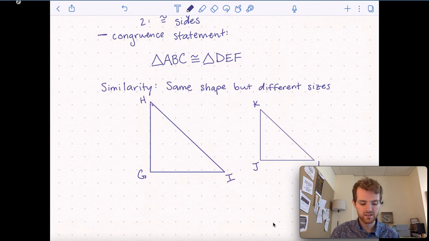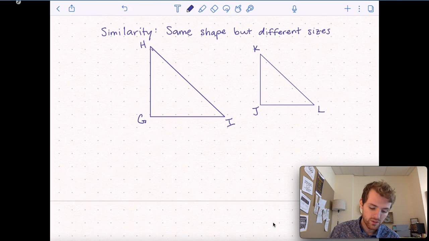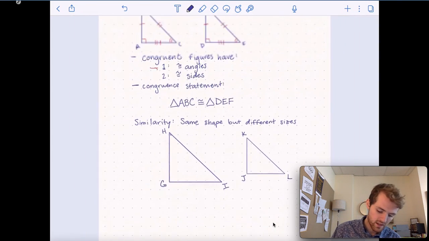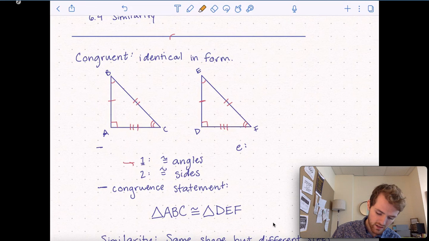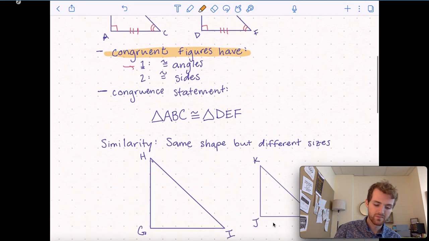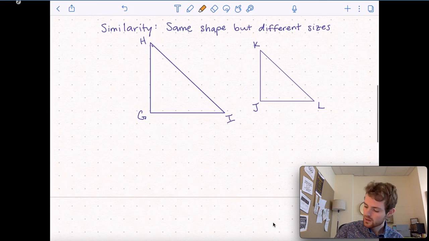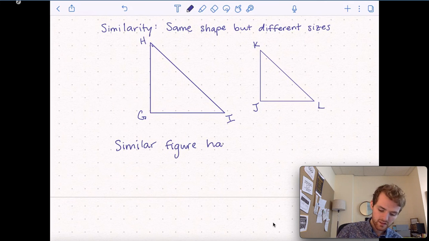Let me move this so we can see. Just like with congruence, let me look up how we talked about what congruent figures have. Let's do the same here. So, similar figures have these two things.